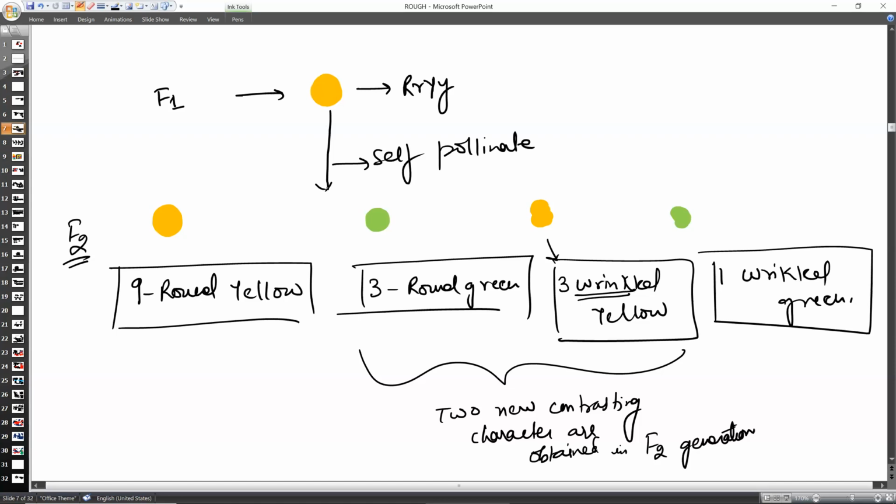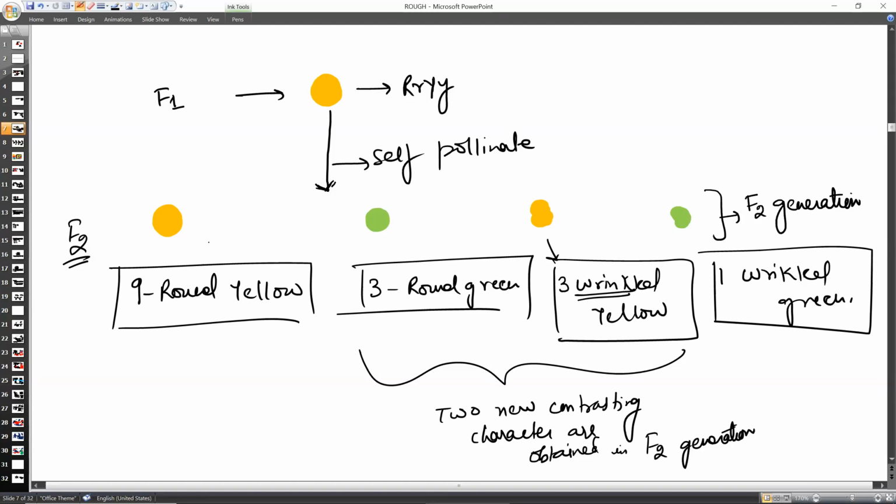When it self-pollinates, we will have in the F2 generation 9 round yellow, 1 wrinkled green, 3 round green and 3 wrinkled yellow.